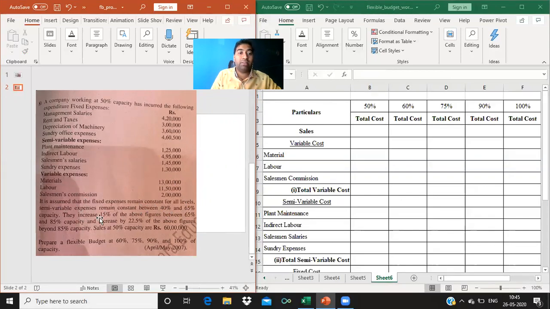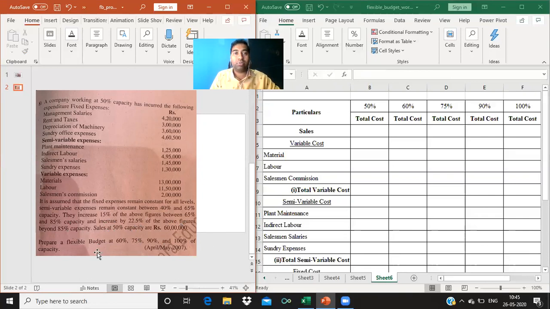They increase by 15% of the above figures between 65% and 85% capacity, and increase by 22.5% of the above figures beyond 85% capacity. Sales at 50% capacity are 60 lakhs. Prepare a flexible budget at 60%, 75%, 90%, and 100% of the capacity.